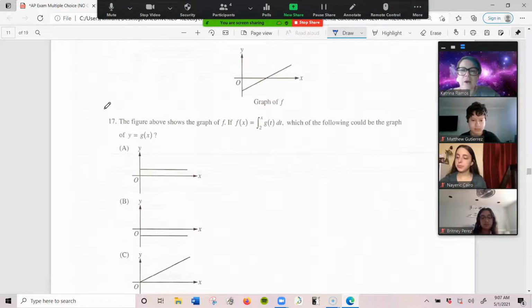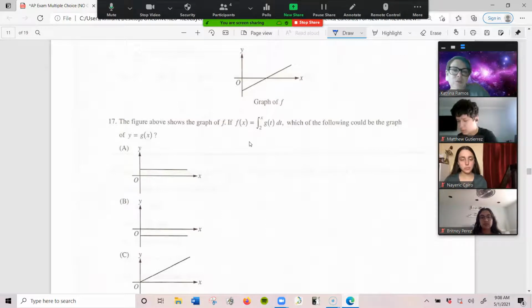Okay, the graph above shows the graph of f. If f of x is equal to the integral from 2 to x of g of t dt, which of the following could be the graph of y equals g of x? Okay, so we would first need to figure out what is g of x.